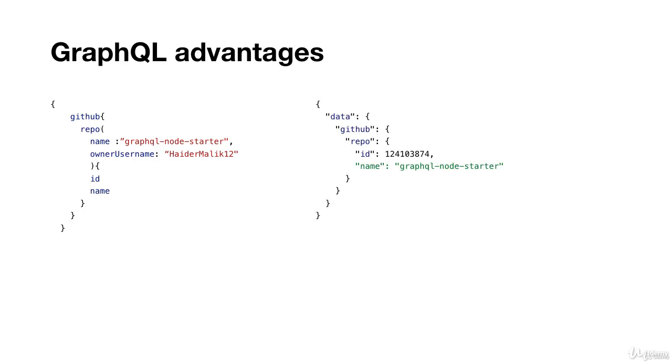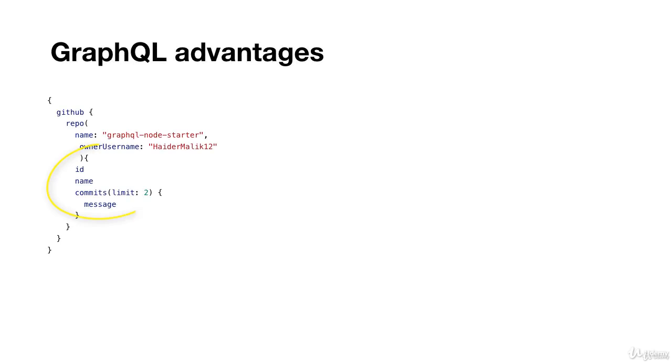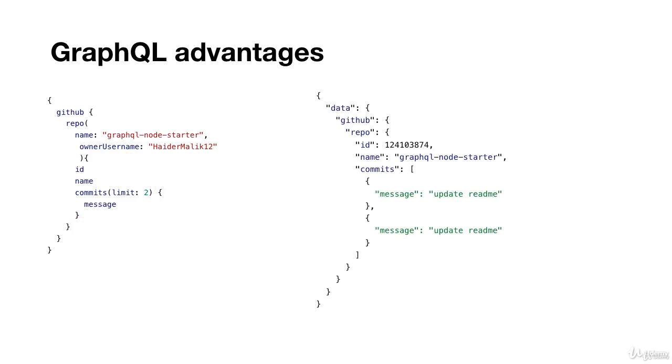And GraphQL gave us this response: data, GitHub repo, and the ID and the name. You can also say, hey GraphQL, I also want to see the commits in my response. This is declarative data fetching. The client tells GraphQL, I want these properties. So GraphQL will give you this response, and you will see the commits array in the response.